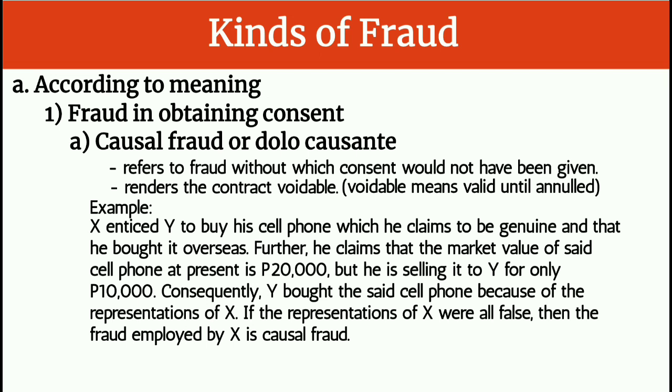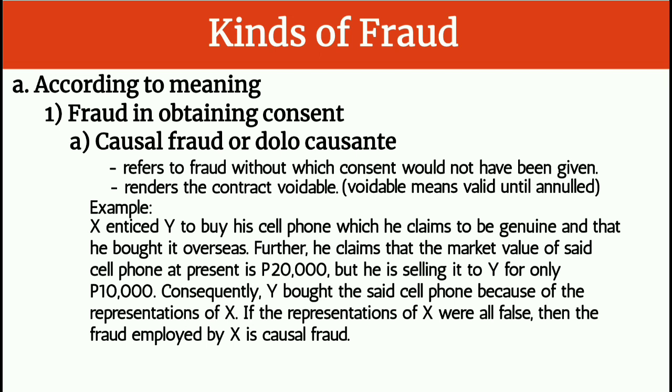Nagbigay ng consent si Y kasi nga binili niya yung cellphone. Binili ni Y yung cellphone dahil sa mga sinasabi ni X. At yung mga sinabi ni X ay hindi naman totoo. So it is clear that the fraud employed here by X is a causal fraud.